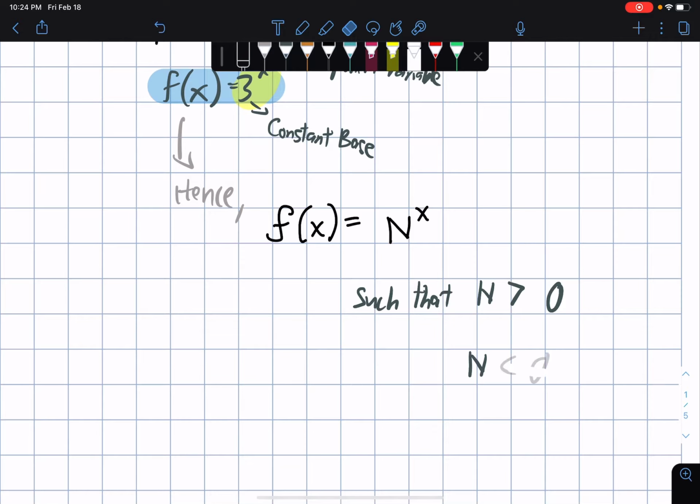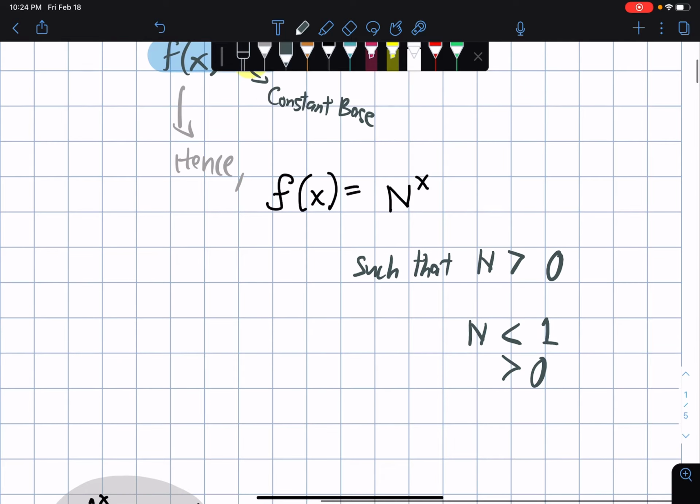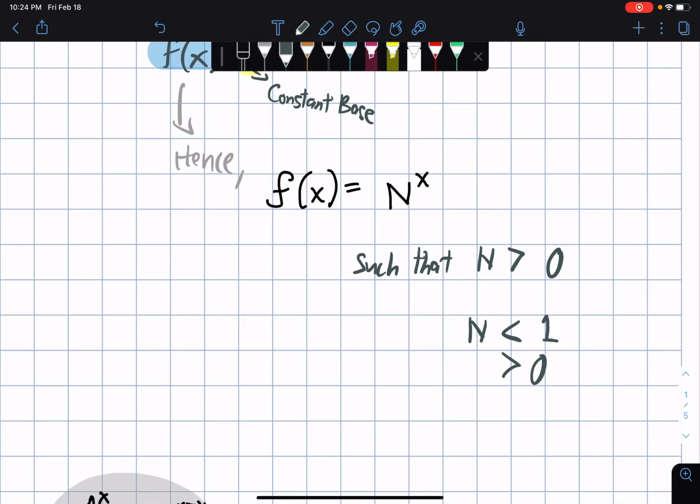I'm sorry, n can be less than 1, but not less than 0. I suppose that makes sense. Numbers like 0.1 to 0.9 or 1/2, those kinds of numbers, with those bases, the equation is still considered an exponential function.